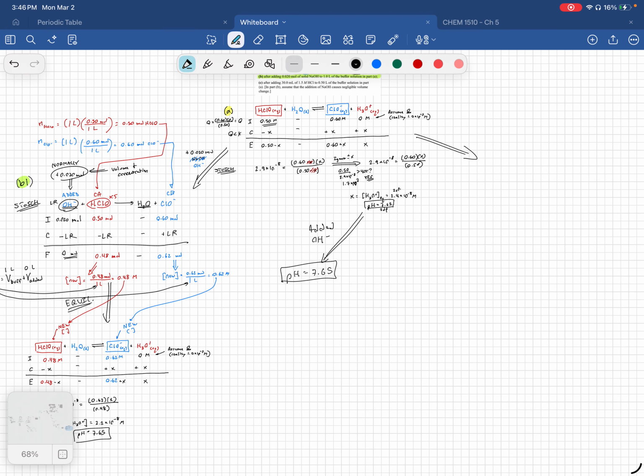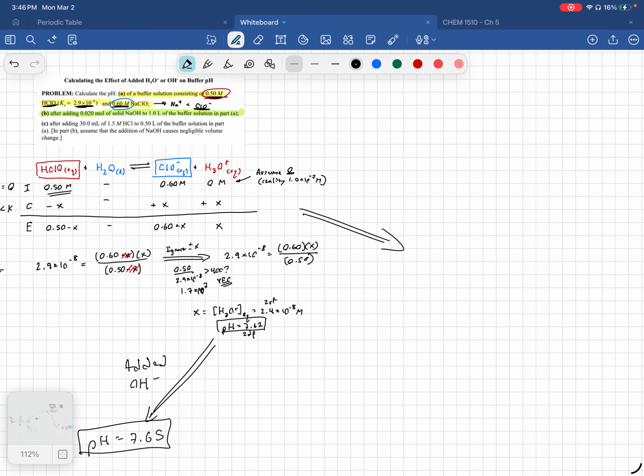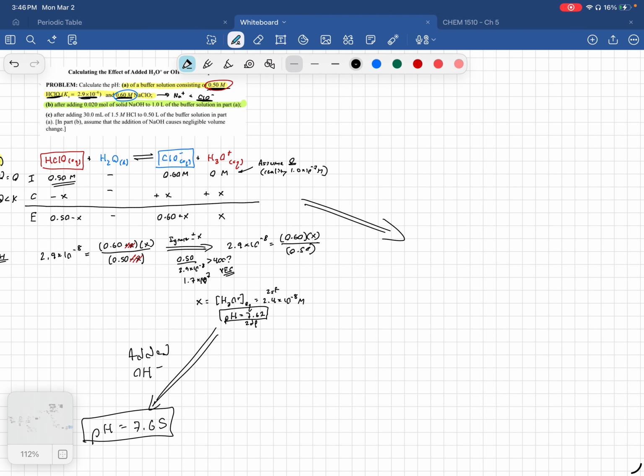Now, effectively, you would do all the same work that we just did here, only the main difference is that since we are adding H3O plus, well, what reacts with H3O plus? Well, that's going to be the conjugate base.